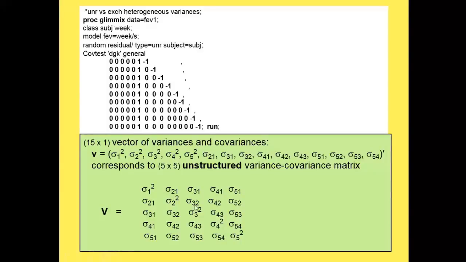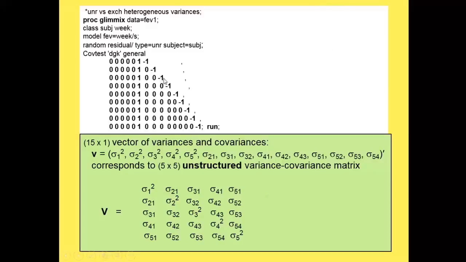So you're talking about a 5 by 5 V matrix. And if you wanted to use the correct code to test whether you can have an exchangeable correlation structure as opposed to an unstructured one, this would be the right code.